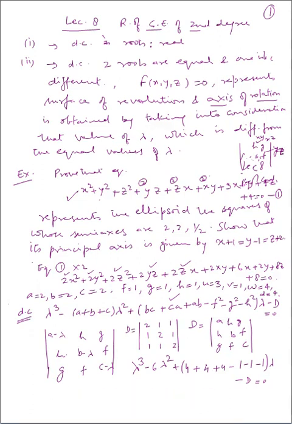So value of d will be 2 into 4 minus 1 plus 1 into 1 minus, this is 1 1 minus 2 plus 1 into 1 minus 2. इस रो के रिस्पेक्ट में हमने एक्सपेंड किया. So this comes 6 and minus 1 which is equal to 4. So d value is 4.